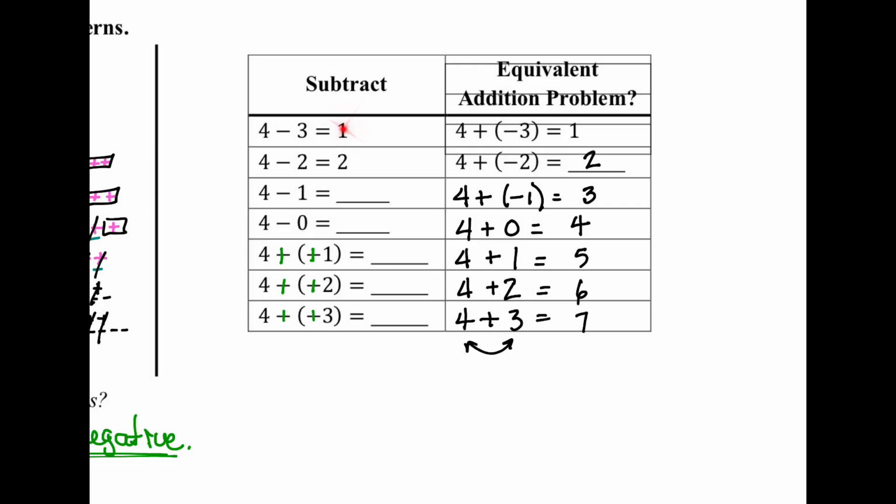Okay, pattern over here. Looks like we're getting bigger, right? 1, 2 is this 3. 4 minus 1 is 3. Yep. So we're going to go 4, 5, 6, 7.